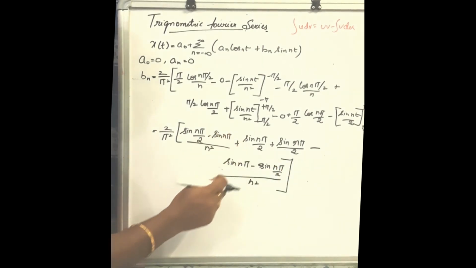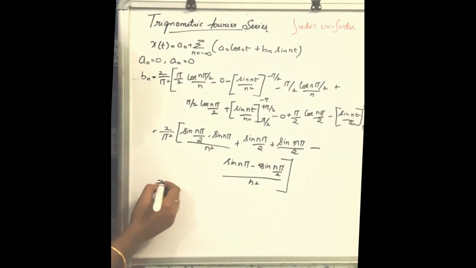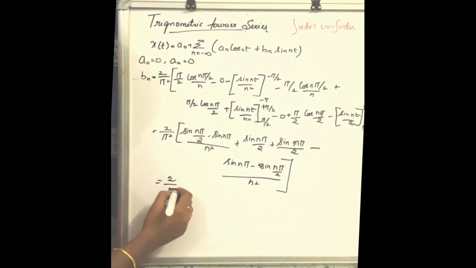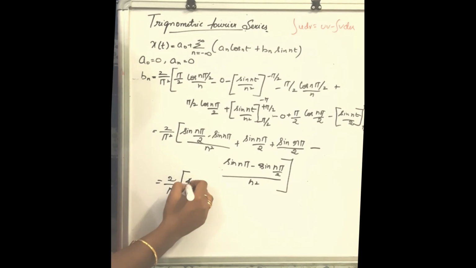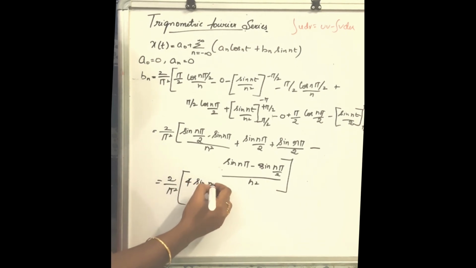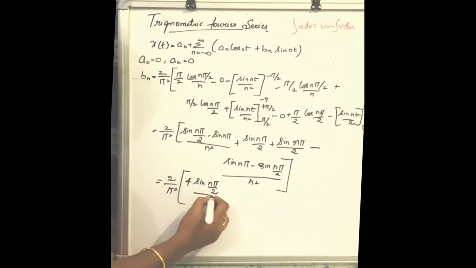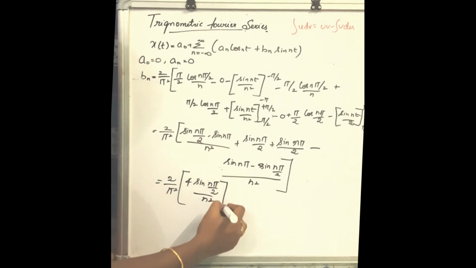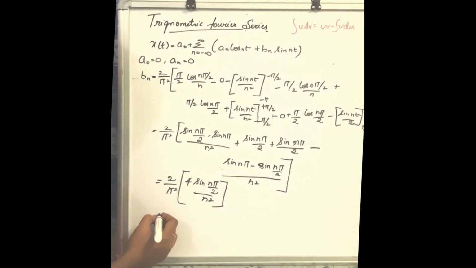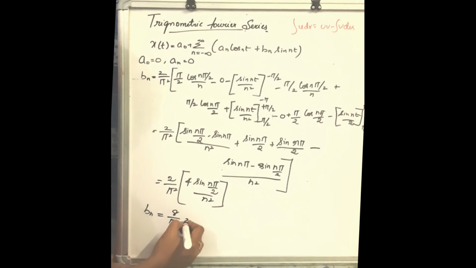If you further simplify and solve, you will get 2 by pi square and then 4 sin n pi by 2 by n square. The remaining will get cancelled. So finally your bn value is 8 by pi square n square sin n pi by 2.